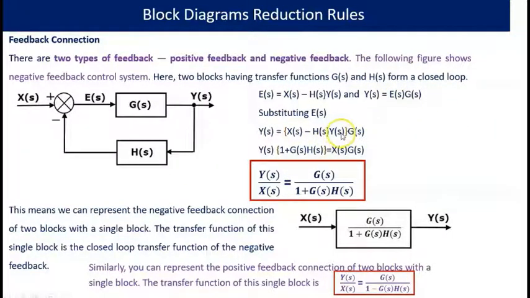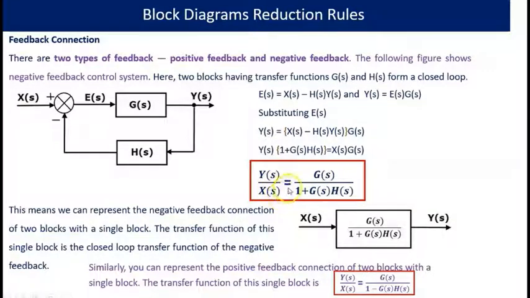First remove the bracket and take Y(s) to the left hand side, then take Y(s) outside. Here it is minus, so here it becomes plus: Y(s)(1 + G(s)H(s)) is equal to G(s)X(s). Then take the ratio Y(s)/X(s), the overall transfer function.